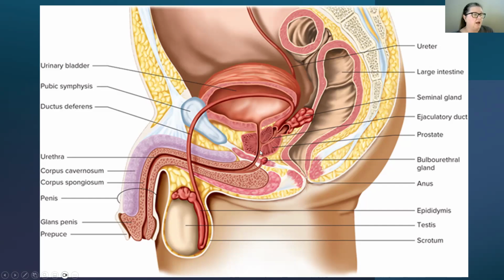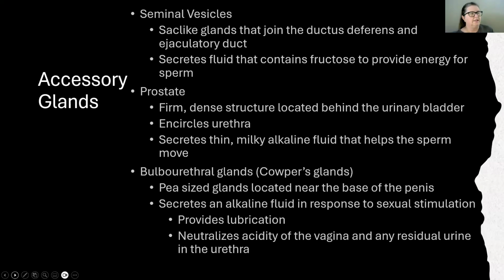And then it meets up with the urethra, as does the bulbourethral gland. And it all becomes one common tube, so to speak, until it reaches the outside world. Okay. So keep these in mind as we go forward to talk about accessory glands.